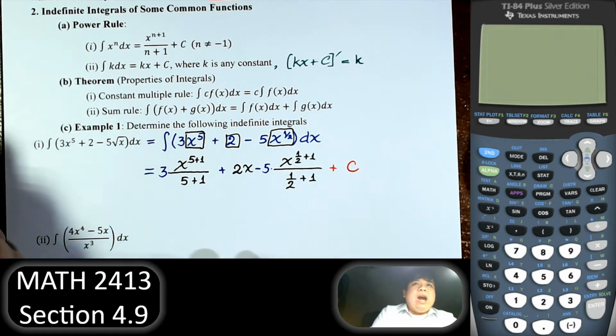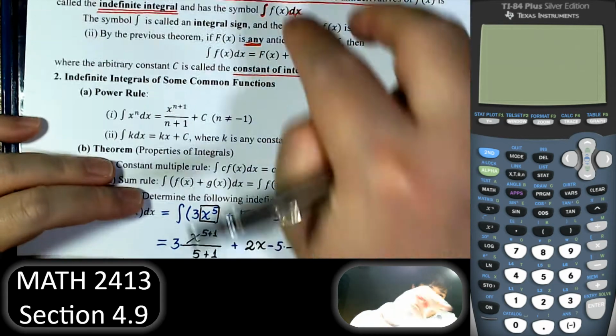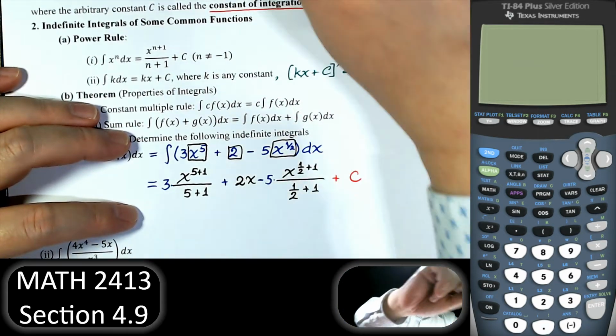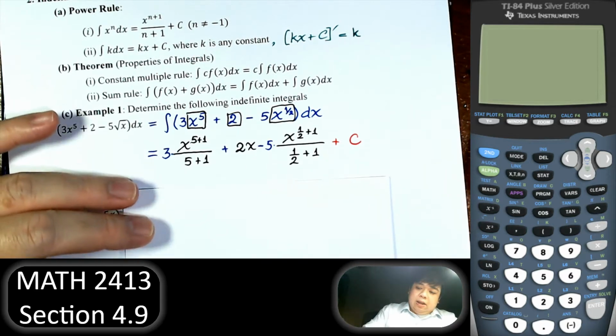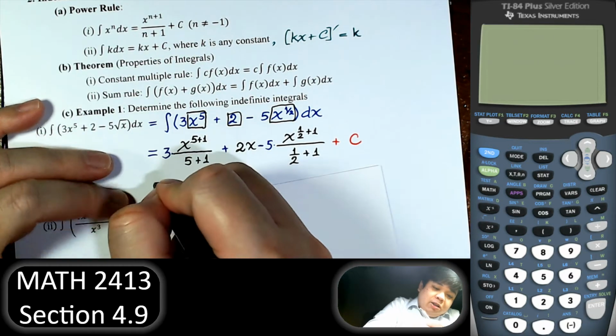They will say, why don't we have the constant for each one of them? Well, of course, we certainly can have the constant for each one of them. Let me simplify this first.